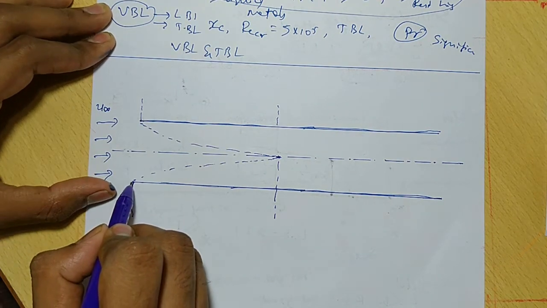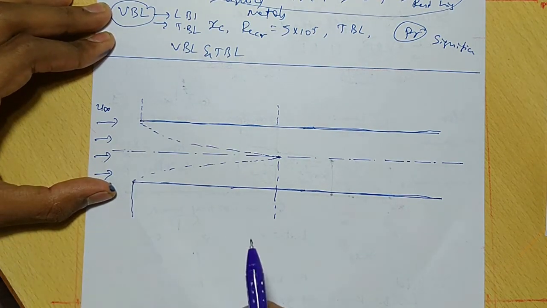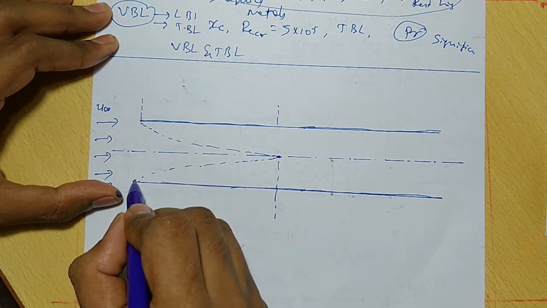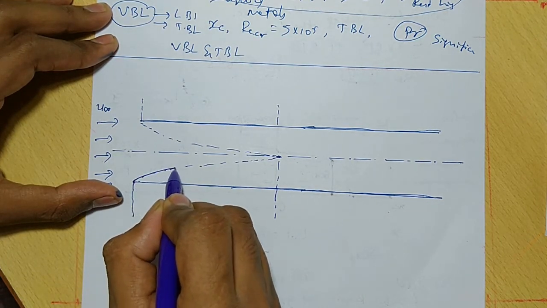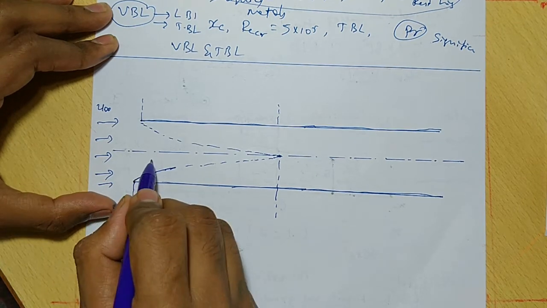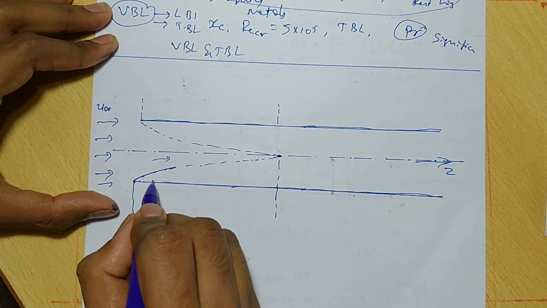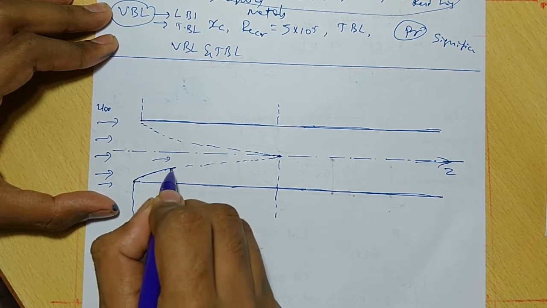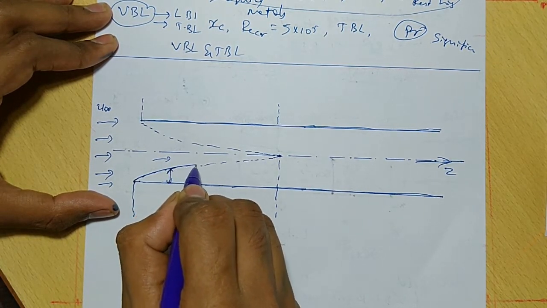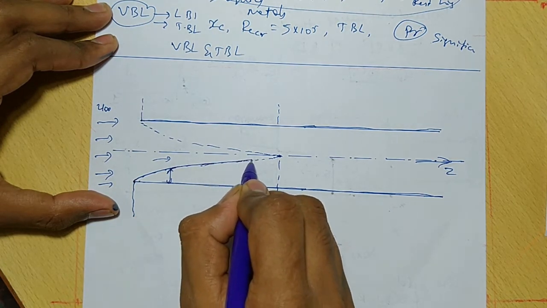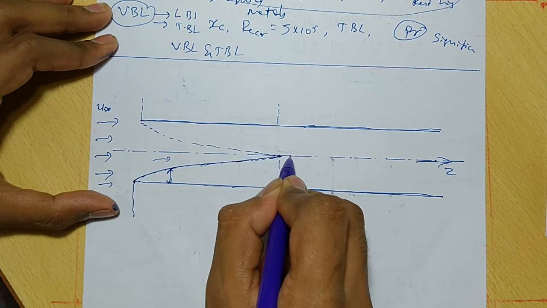When the fluid comes into contact with the surface, the velocity boundary layer develops. As the fluid moves along the pipe, in the z direction, the boundary layer thickness also grows and finally reaches the center of the pipe.